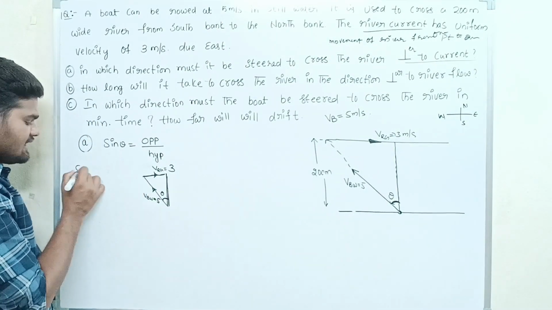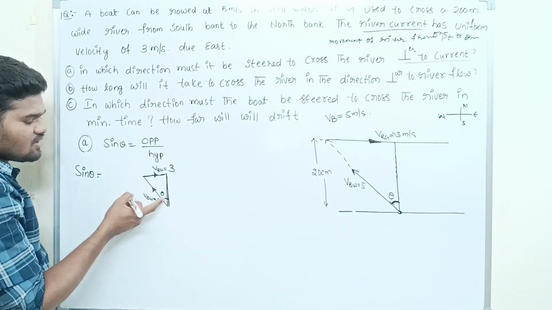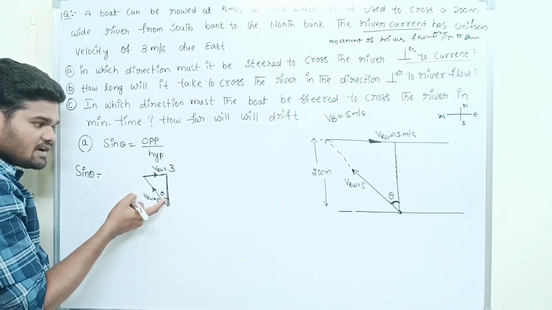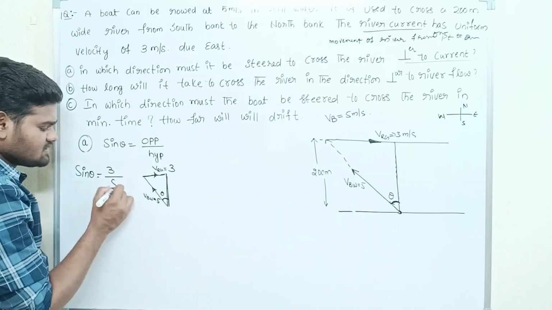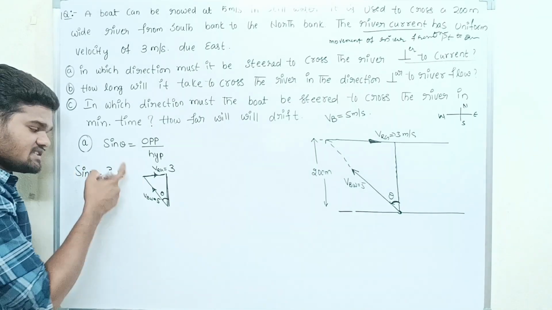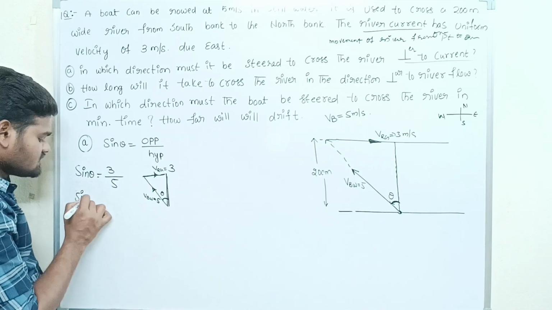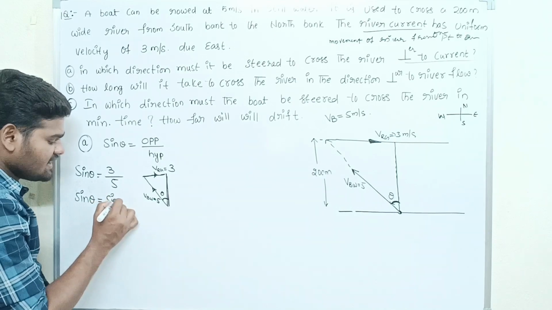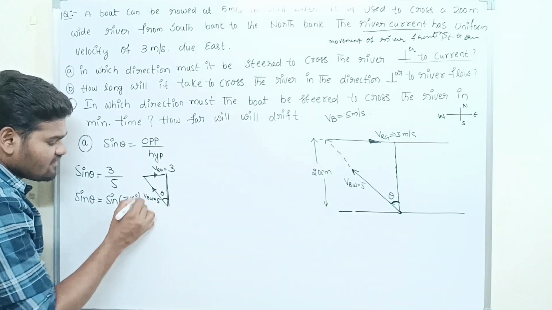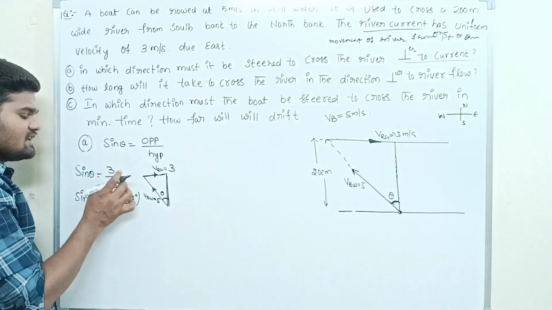So from this right angle triangle, it is clear that sin theta is equal to the opposite side, the side which is opposite to theta. So what is that? 3 divided by the hypotenuse, this is the hypotenuse, that is 5. So we got sin theta is equal to 3 by 5. So 3 by 5 can be written as sine of 37. What is the value of sine 37 degrees? 3 by 5.